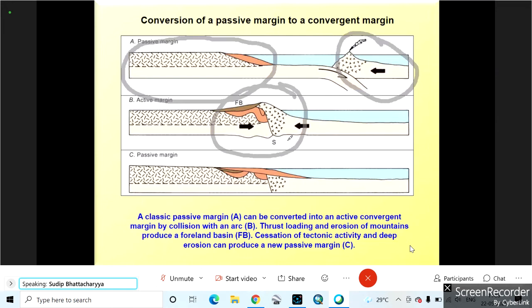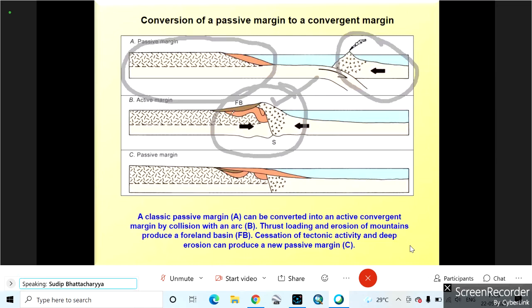So just a few slides back, I told you that if it is going on, then there should be a suture zone. So this is the suture zone, and just you see the overthickened crust over here. After some time, this overthickened crust must be rifted in the intracontinental part, and you will get a Rift Valley system there.